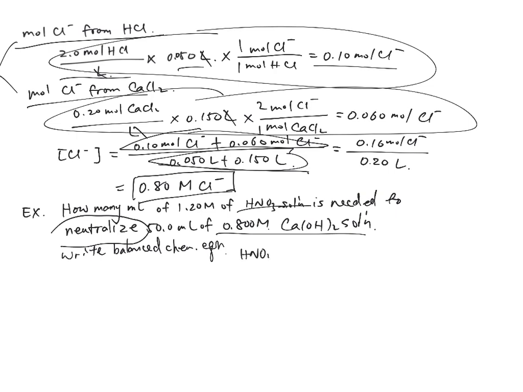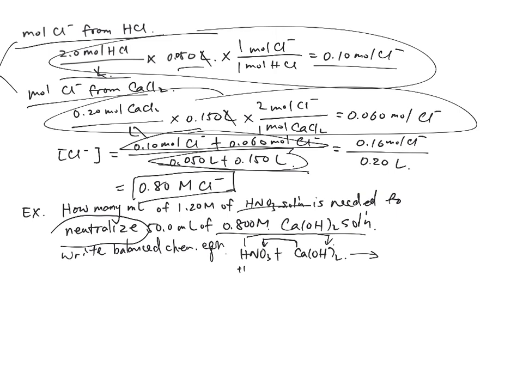HNO3 as the acid, reacting with Ca(OH)2 as the base. The way that we exchange partners, we talked about it multiple times now. It's about the exchange of partners. Calcium is going to go with nitrate, hydrogen is going to go with hydroxide, and we already know the charge of each component.